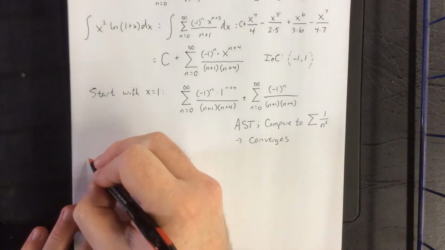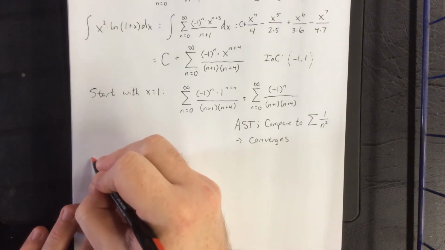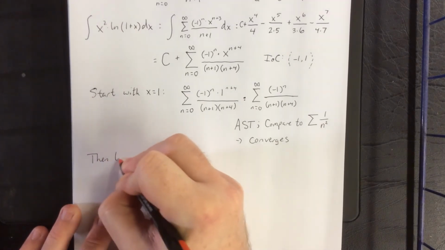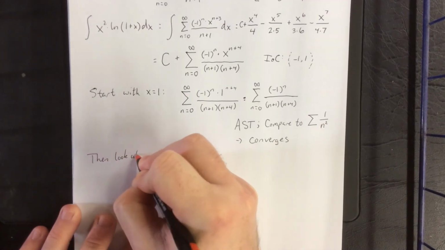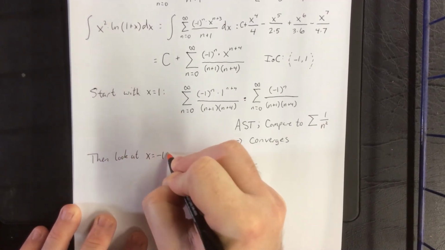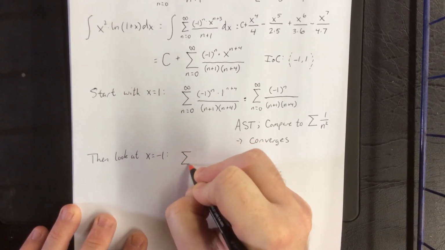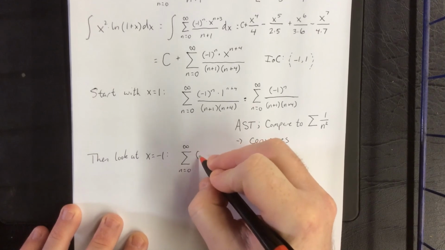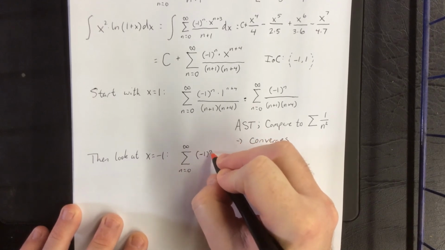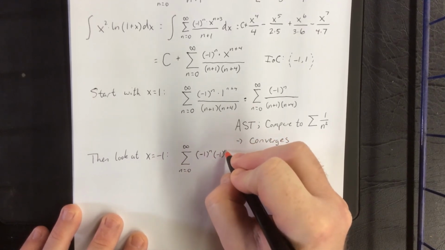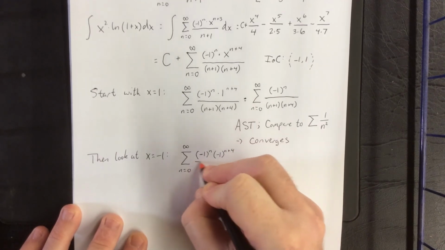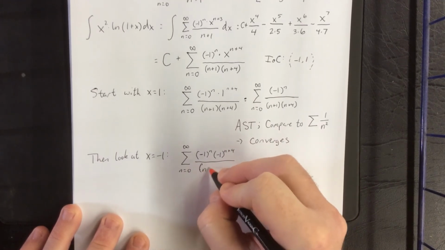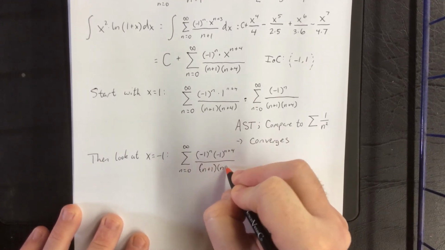The reason that I bring that up is that we also need to check out x equals negative 1. So at x equals negative 1, we're going to wind up with negative 1 to the nth power times negative 1 to the n plus 4 power all over n plus 1 times n plus 4.